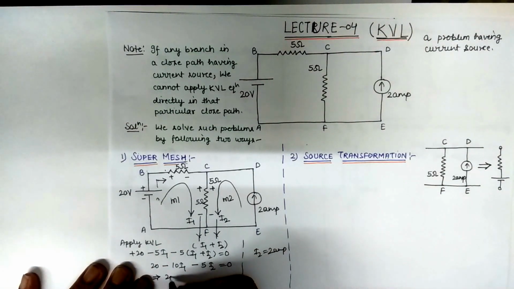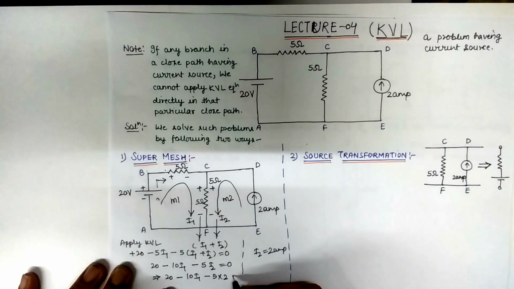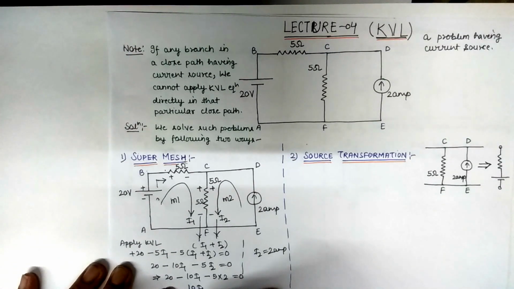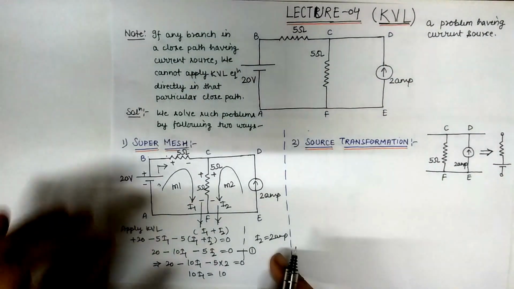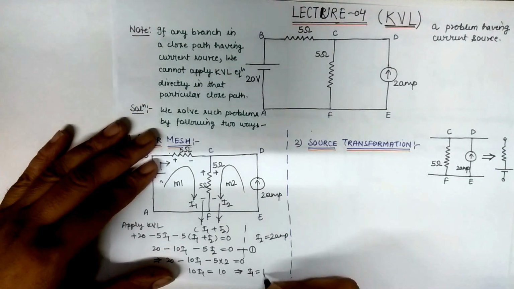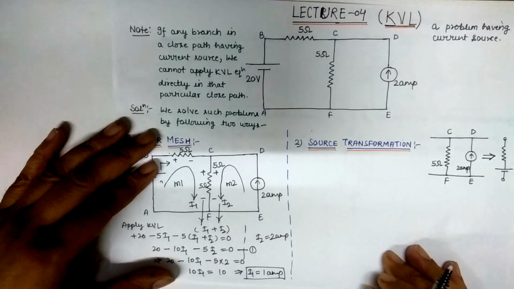So 20 minus 10 I1 minus 5 into 2 is equal to 0. So 10 I1 is equal to 10. So I1 is equal to 1 ampere. So we can solve this problem by using super mesh.